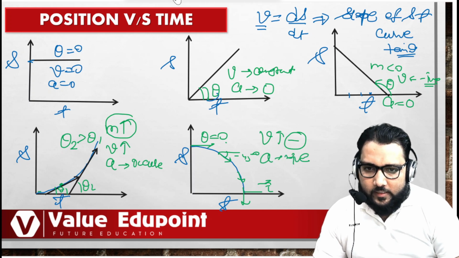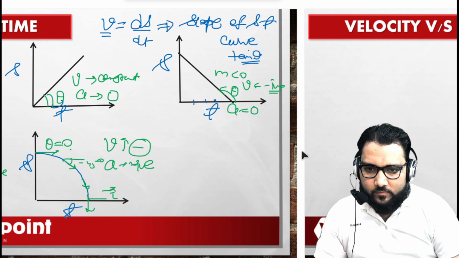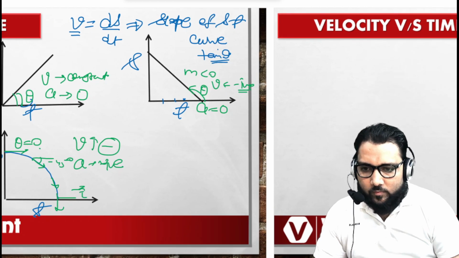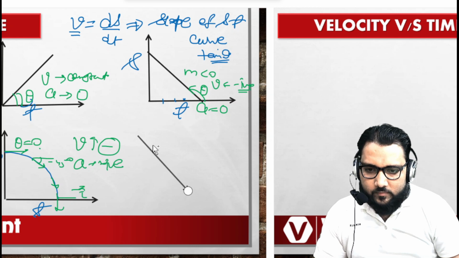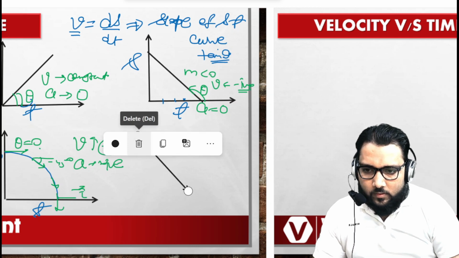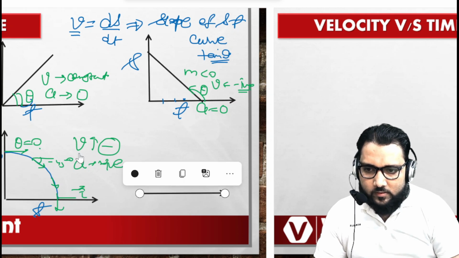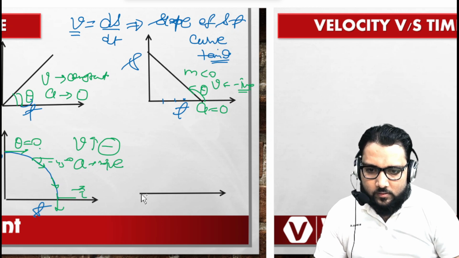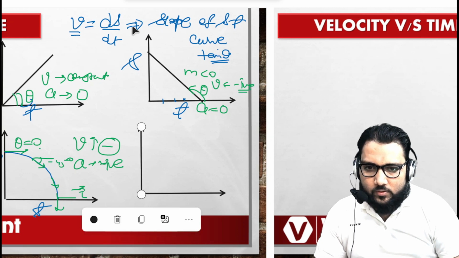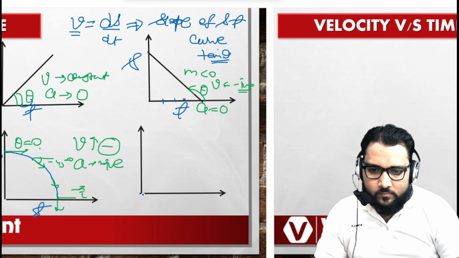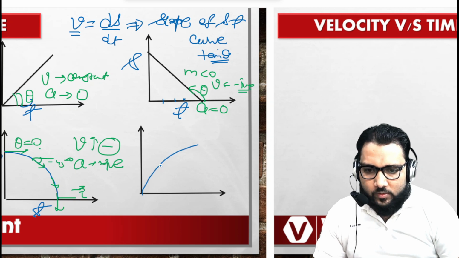Another form of this graph may be, suppose that, so in this case the velocity is also decreasing.